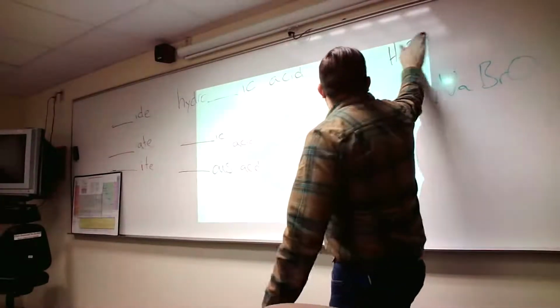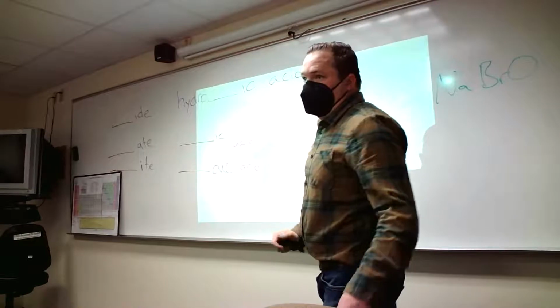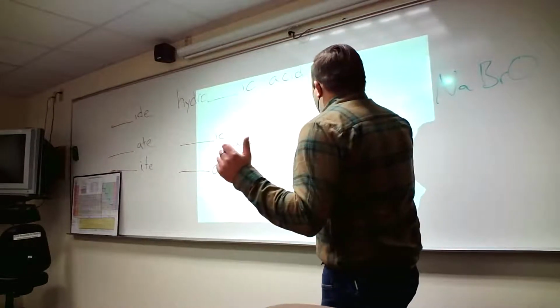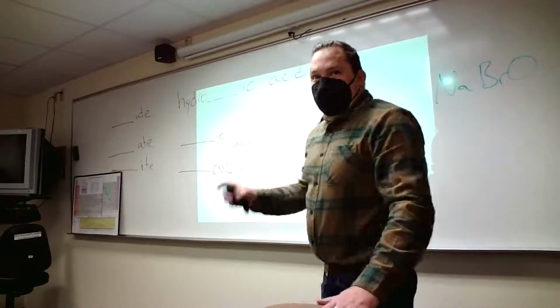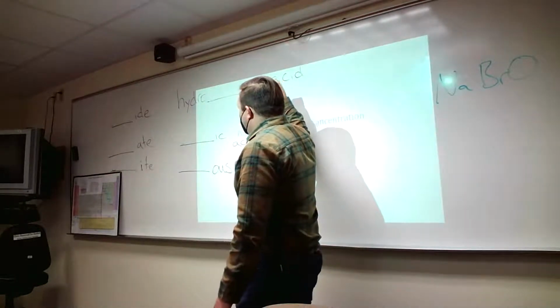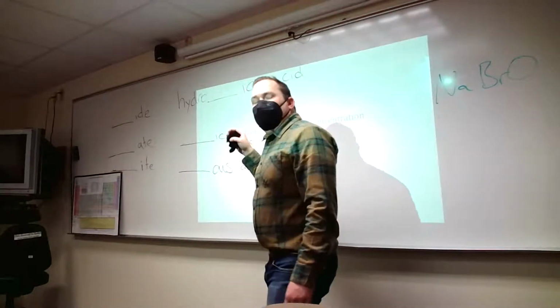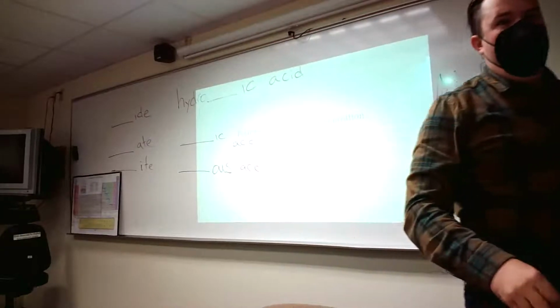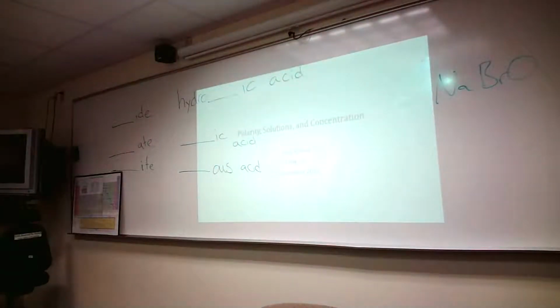All right, so the other question that was asked, that started this whole thing, was what happens if these aren't dissolved in water. Acids have to be dissolved in water to be an acid. When they're not dissolved in water, we basically just name them like they're ionic compounds. We say the name of the cation and we say the name of the anion.